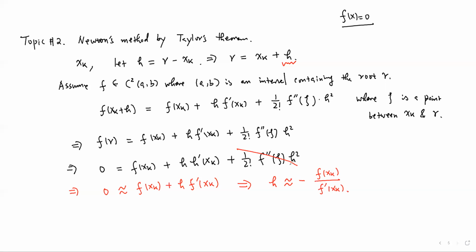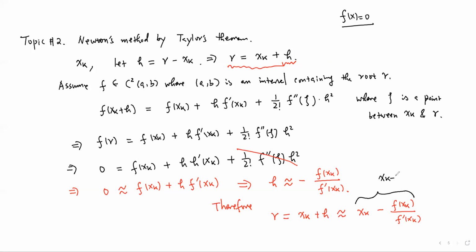So therefore, from this equation, the root is equal to xk plus h. Roughly, it is xk. Let me plug in this quantity for h. Roughly it is this. Now I consider this as xk plus 1.